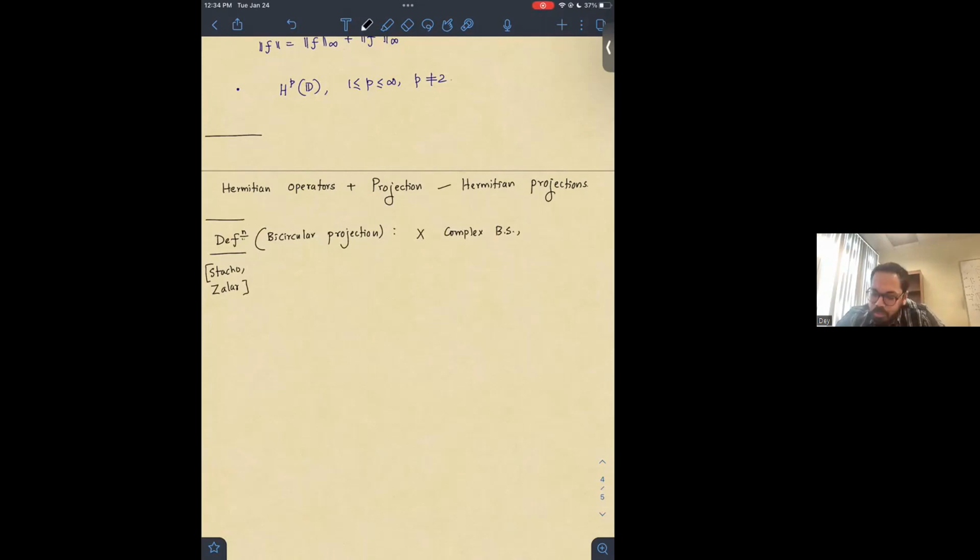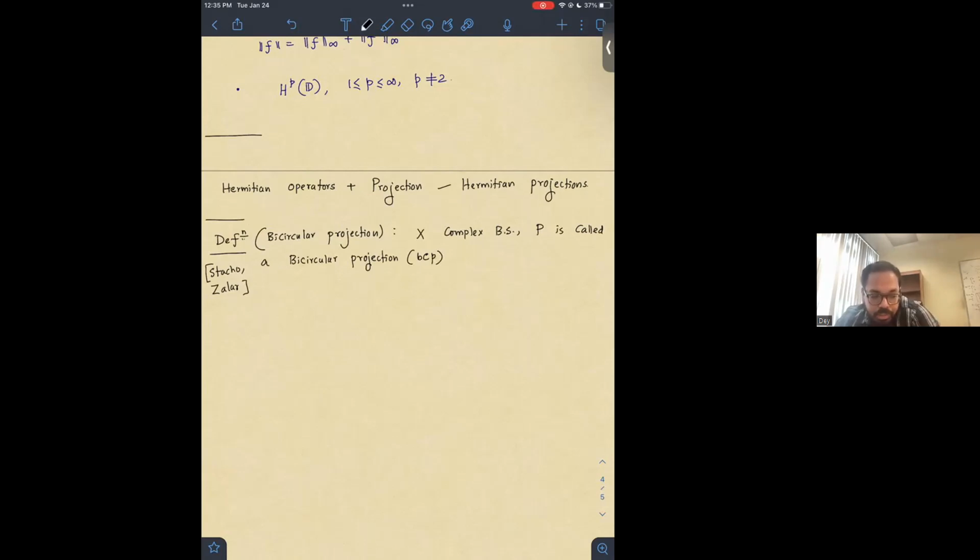So let's say X is a complex Banach space, and P is a projection. P is called a bicircular projection, and from now on I would probably abbreviate it BCP. I always tell my students that I'm so lazy, so I always try to find shorthands.